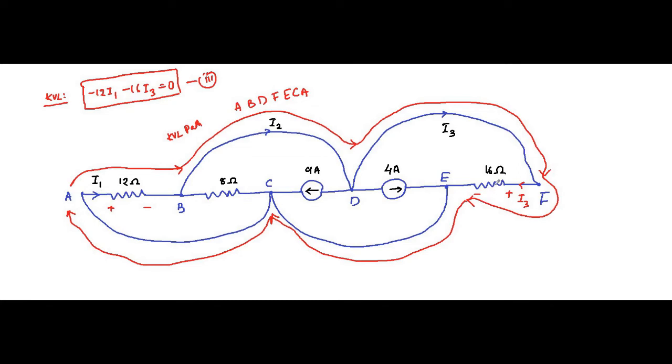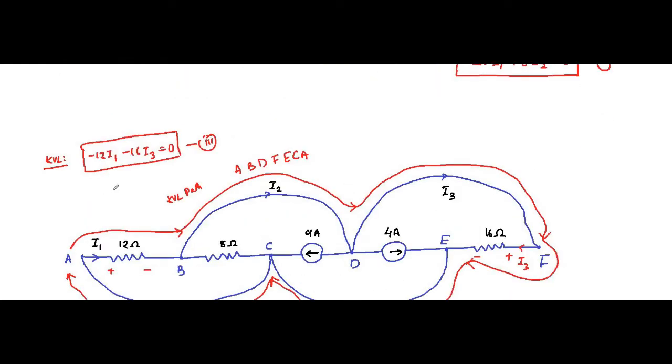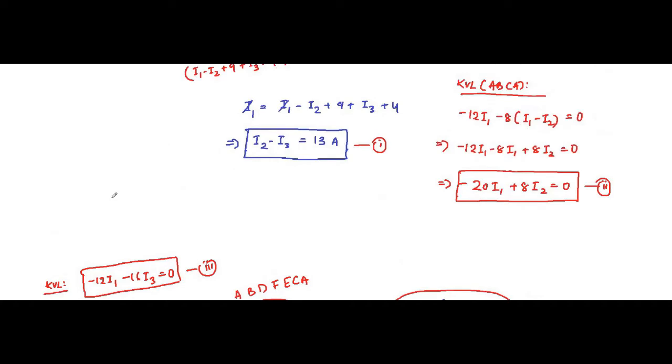I1 is flowing through 12, I3 is flowing through 16 ohm, so that's why minus 12I1 minus 16I3 is equal to 0. So we have got three equations: I2 minus I3 is equal to 13 ampere, minus 20I1 plus 8I2 is equal to 0, and minus 12I1 minus 16I3 is equal to 0.